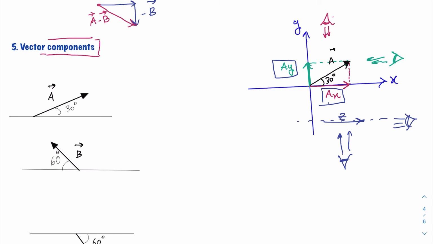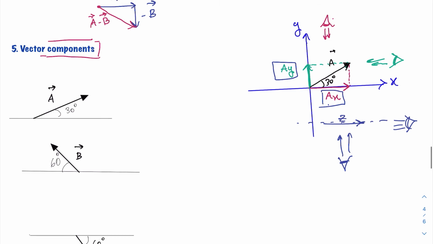So now the question is how to calculate A y and A x. I mean the components of this vector on the x-axis and y-axis. We use the right triangle simply. So we use the right triangle and sine and cosine. So we define A x with the help of trigonometry as A times cosine 30 degrees.